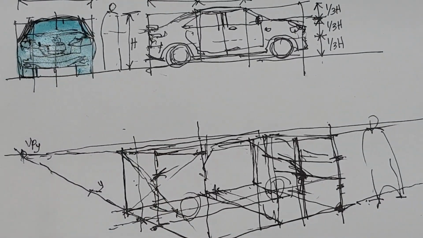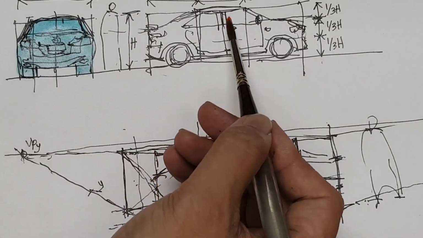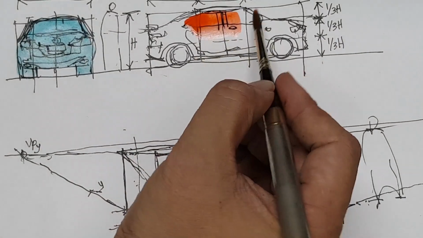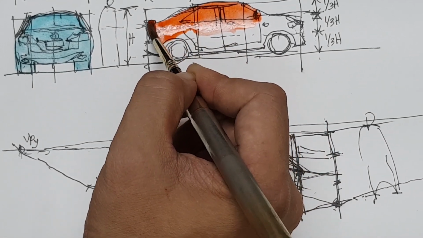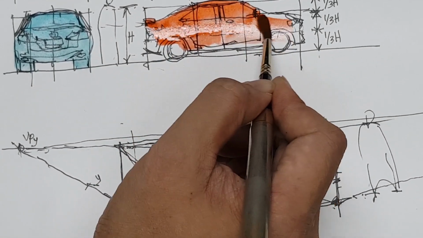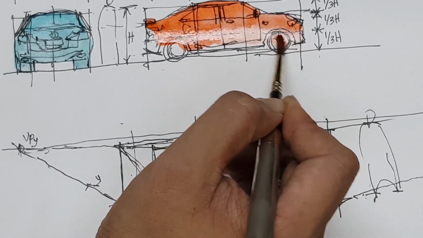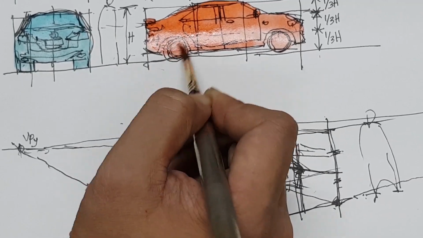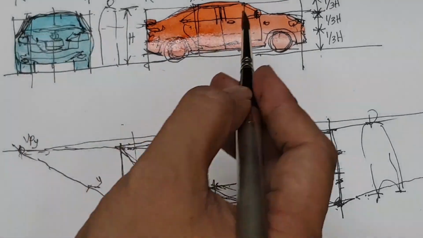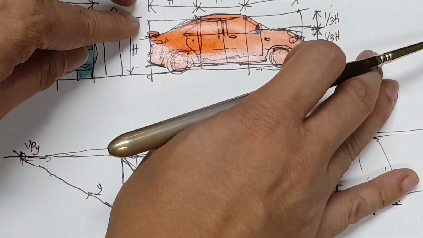Okay. Then for the longitudinal elevation, I'm going to color it orange. I'm going to use this orange color to note the section. There you go. So just this color coding.